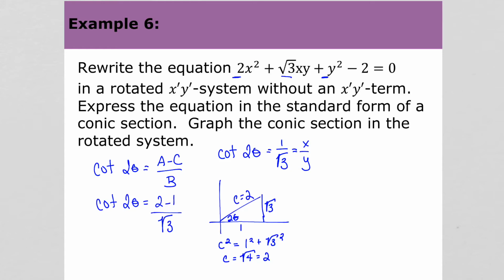How is this helping us? Well, now we can put it into something where we can use our calculator to find the inverse sine or inverse cosine, because we can't find the inverse cotangent very easily. So cosine of 2 theta would be adjacent over hypotenuse.